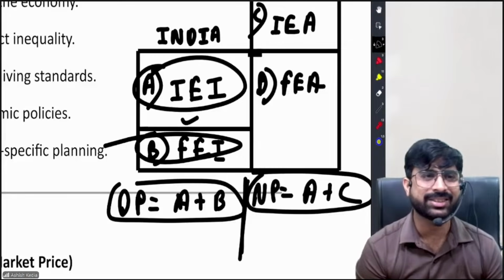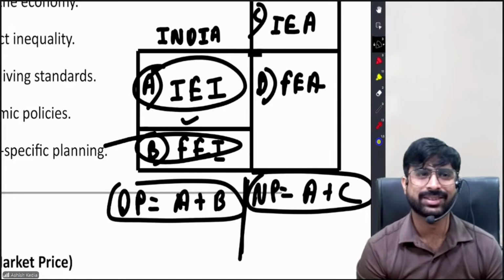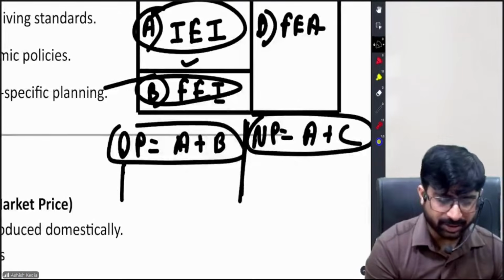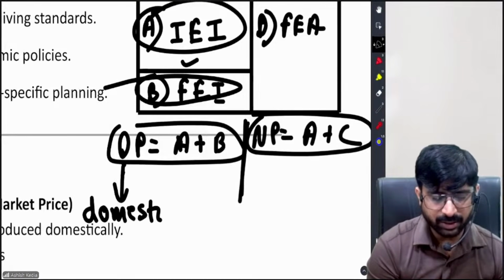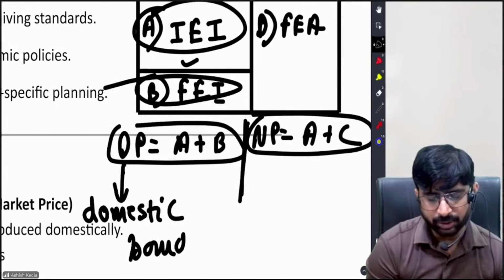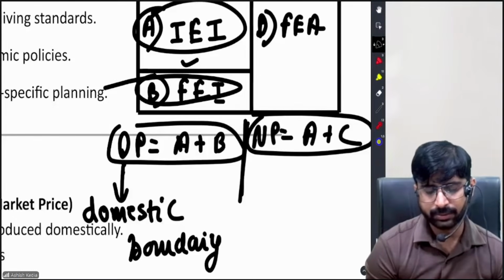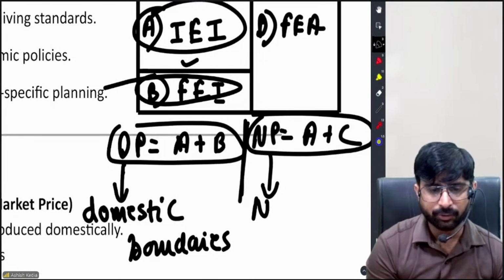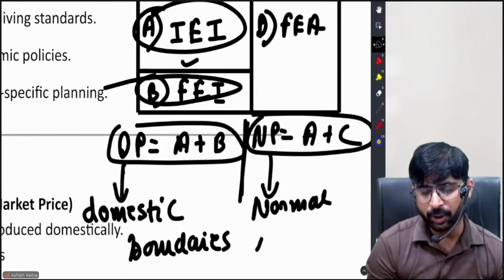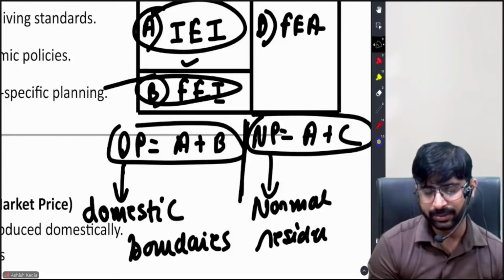Did you see my language? Yes, sir. So whenever the domestic product word is given, it should be goods and services within the domestic boundary. You should write it down. Domestic boundary. And in national product, the focus is on value of goods and services produced by the normal residents.